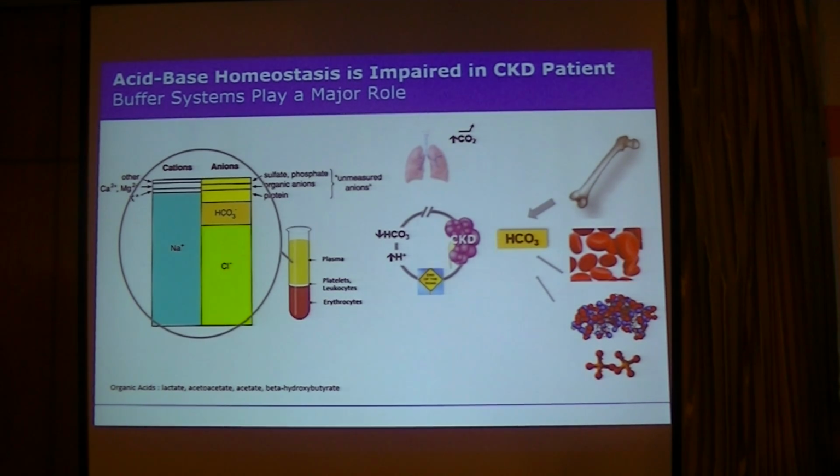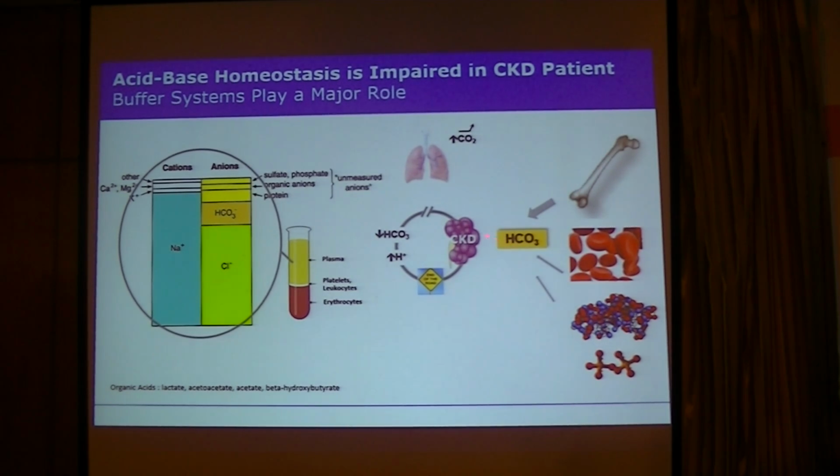As soon as the kidney is no longer functioning, and this is the case in chronic kidney disease, we don't have any capacity to remove the hydrogen, and we don't have any capacity to regenerate the bicarbonate. And of course, the only way to survive is just to remove CO2, but that is quite limited. So what are the CKD patients doing? They are taking bicarbonate from the different buffer systems, erythrocytes, phosphorus control and everything, but mainly from the bone.